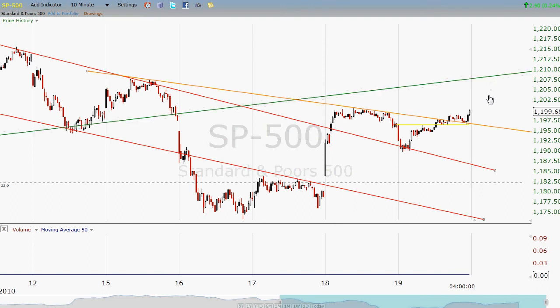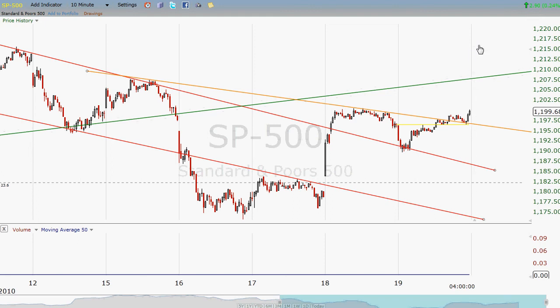So I think prices are destined for an 8 to 10 point gain perhaps on Monday. And if that's the case, let's see what happens when things get here. Again, we did not meet the 1240 to 1250 minimum price target out of that inverted head and shoulders.